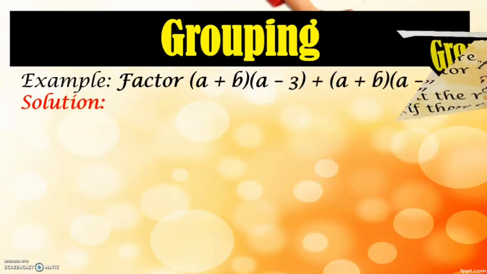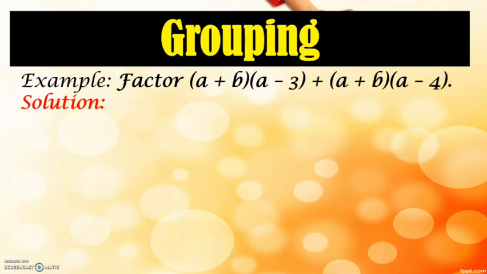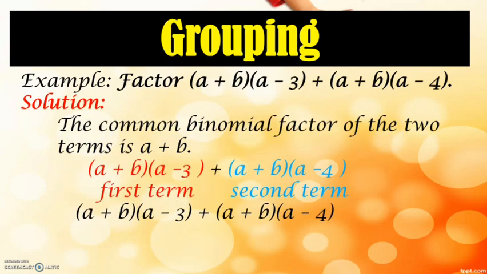For example, factor a plus b multiplied by a minus 3 plus a plus b multiplied by a minus 4. So here, the common binomial factor of the two terms is a plus b. So this is the first term, and we have here the second term. If you notice, you have its common binomial factor. And what is that common binomial factor? It's a plus b.